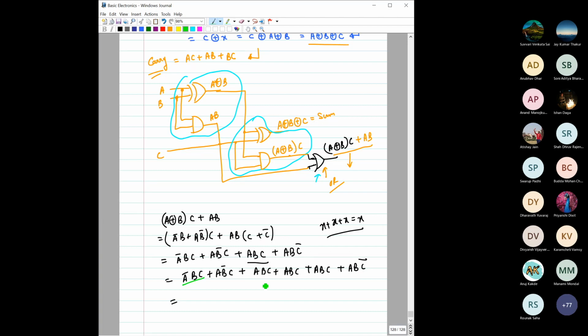For example, from this one ABC, I will take BC common, so it becomes A bar plus A. Then from these two I will take AC common, which gives me B bar plus B. Then from these two I will take AB common, which gives me C plus C bar.